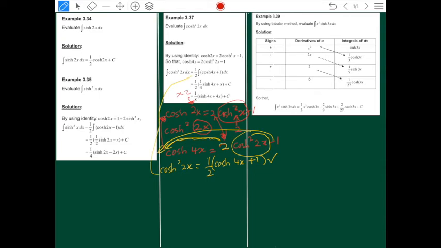So it will become like this. What is stated here is, integrate half cos 4x plus 1. Next, just proceed with the integration process as usual, and this will be your final answer.